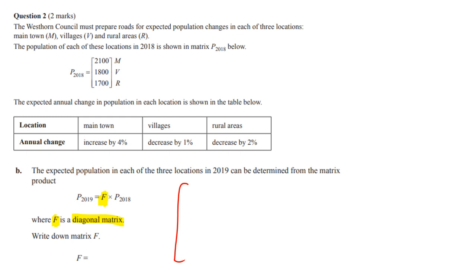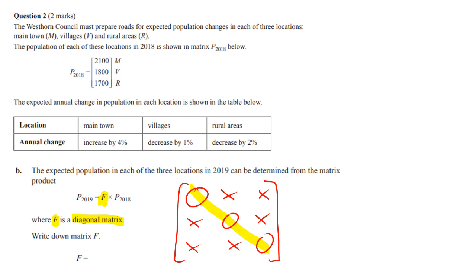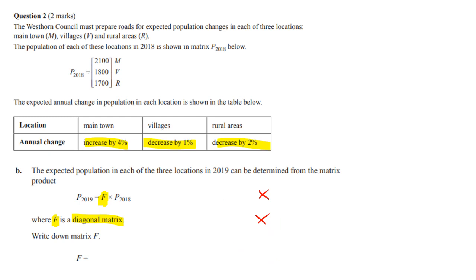So with a diagonal matrix, we're going to have a 3 by 3, with a number here, and then nothing, nothing, nothing, number, nothing, nothing, nothing, number. We just have to find out what these numbers are on that leading diagonal. Well, they're these numbers, aren't they? So let's rub all that out for the moment and show what those numbers should be.